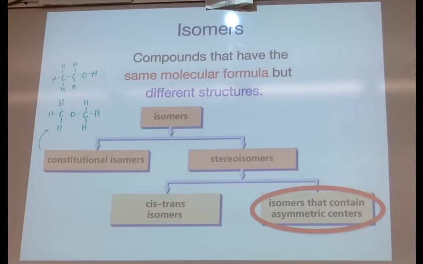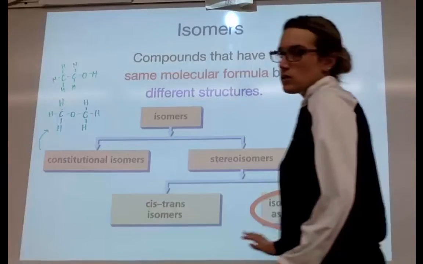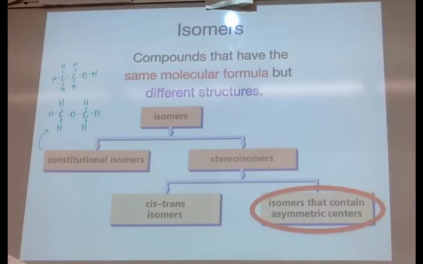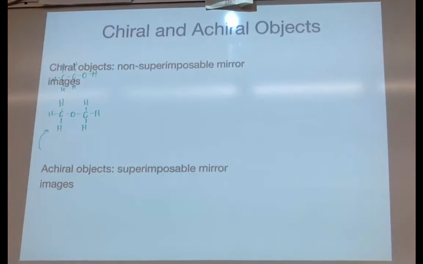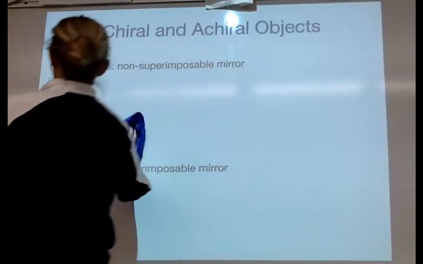Diastereomers are what happens when they're not mirror images of each other. We're going to look at that more tomorrow. So that's looking at these asymmetric centers with isomers.